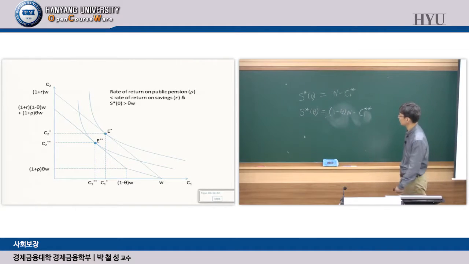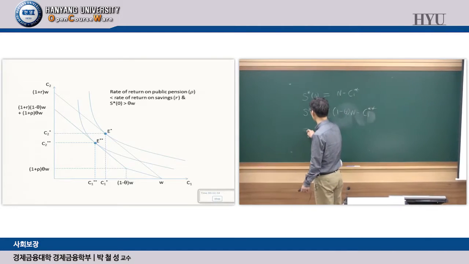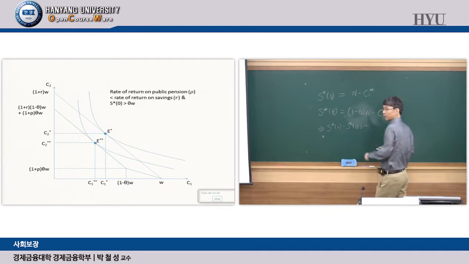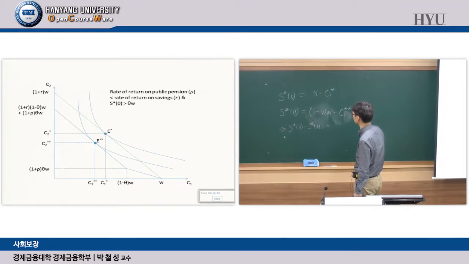Right? Okay? So which means that S star 0, these are the private savings. S star 0 means the private saving with no pension contribution. S star theta is the private savings with theta as the contribution rate to the pension.